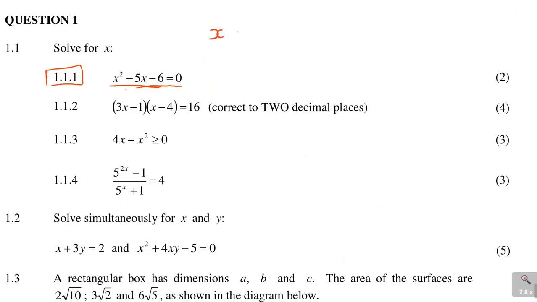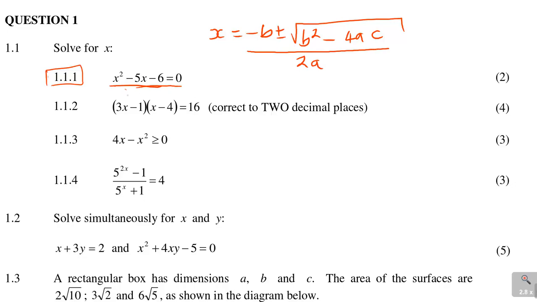It says x is equal to minus b plus or minus the square root of b squared minus 4ac, all over 2a. Remember, the aim is not to think much, but to apply it as quickly as you can.